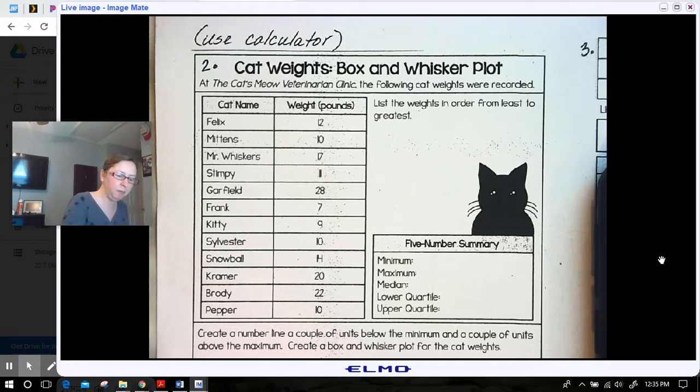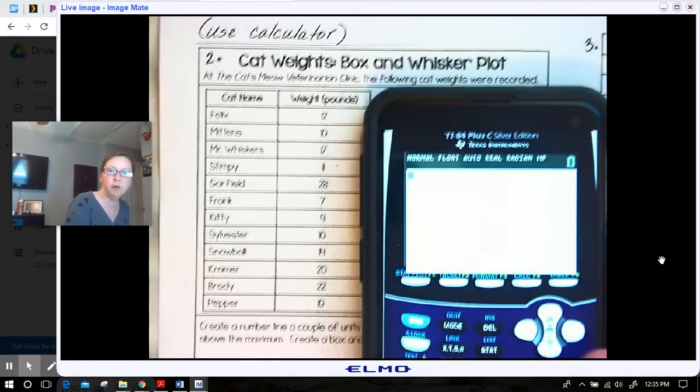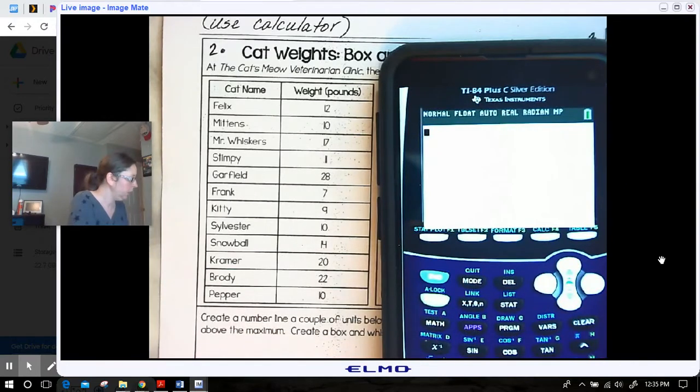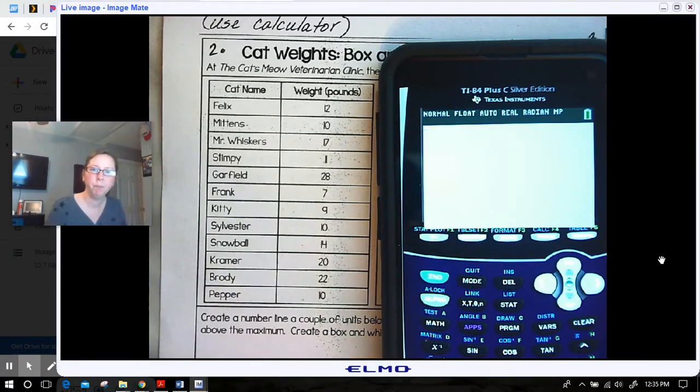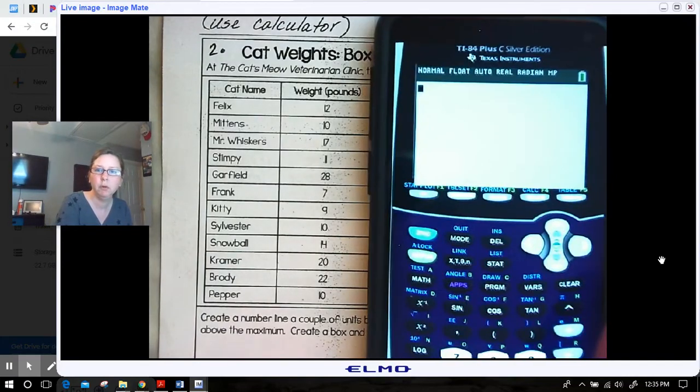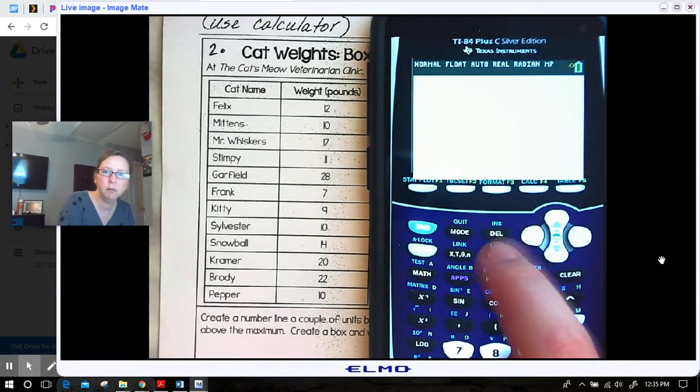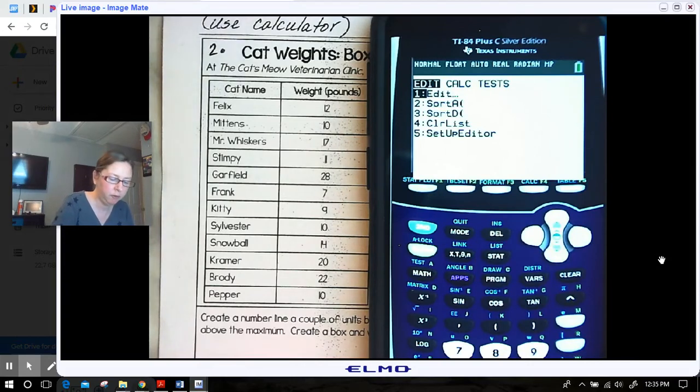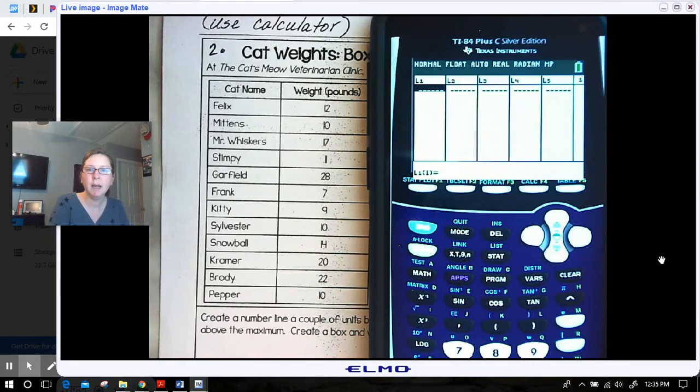So what I'd like for you to do in your graphing calculator is to go to stat, and then enter, and we're going to edit all this data into L1.